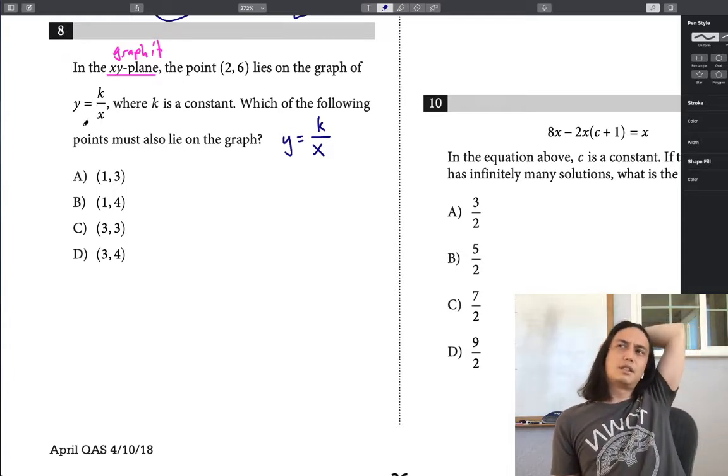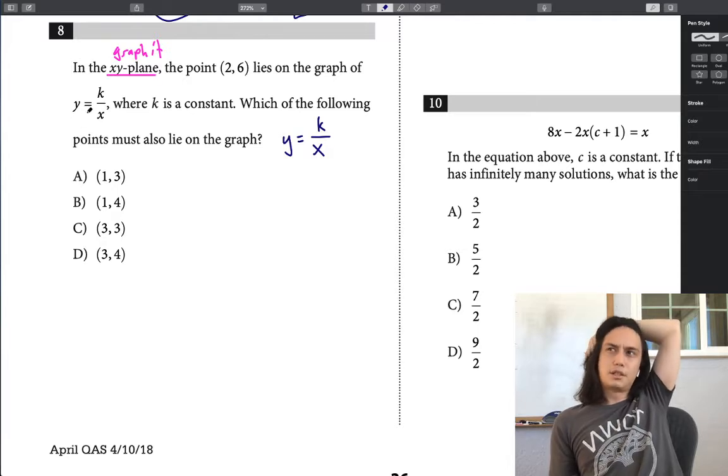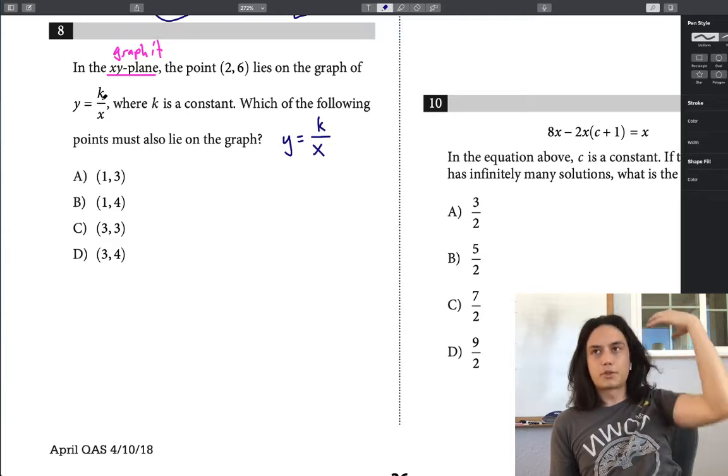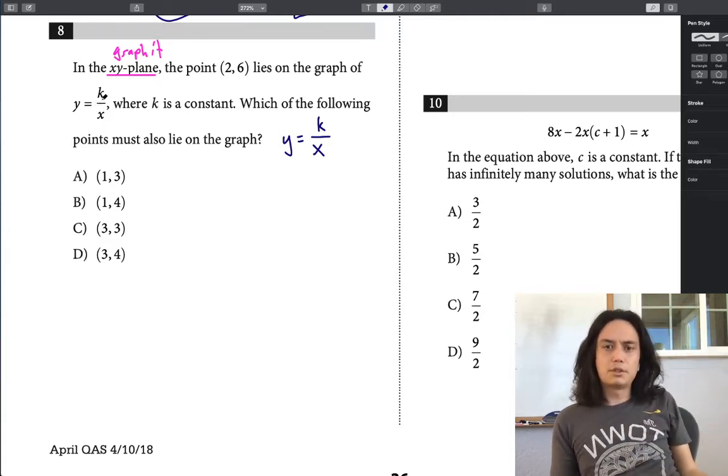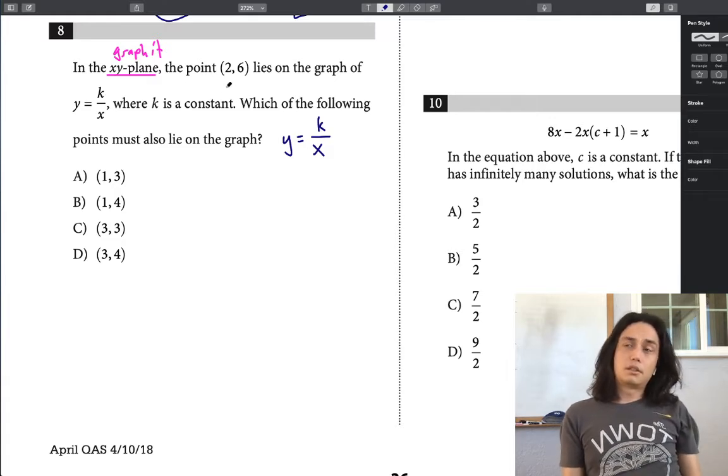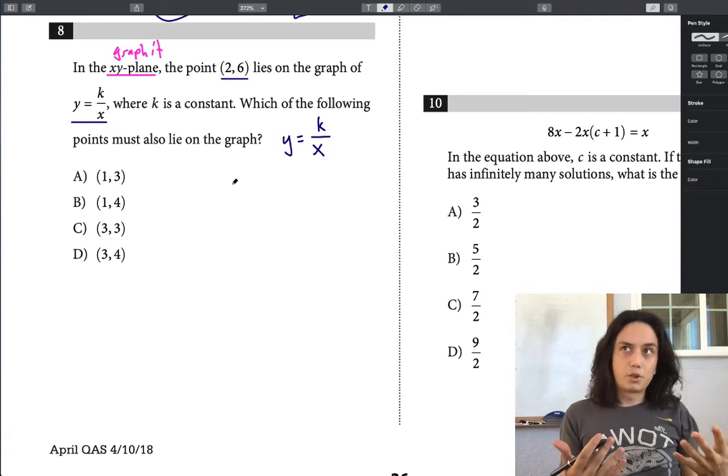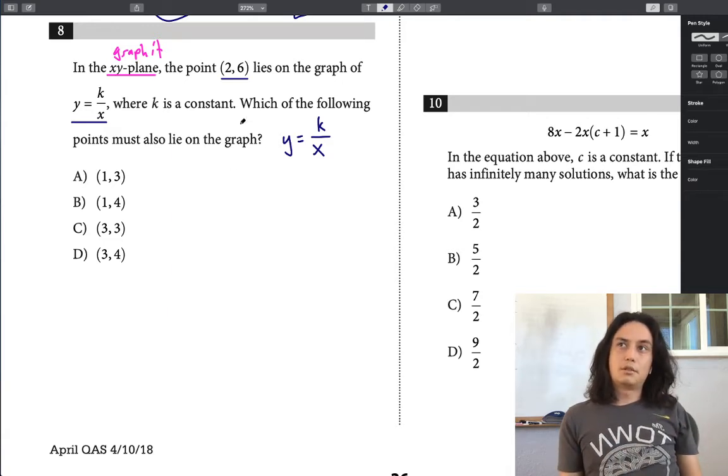And because it's question 8, it's understandable that they throw this weird stuff our way, but we should also suspect that there's a normal person way of doing this question. And it comes down to this. They've given us this information. We want to use all the information we can, and this information is really important. They've given us a coordinate, the point 2 comma 6. This is an xy coordinate, and what we can do is use this to solve for k.